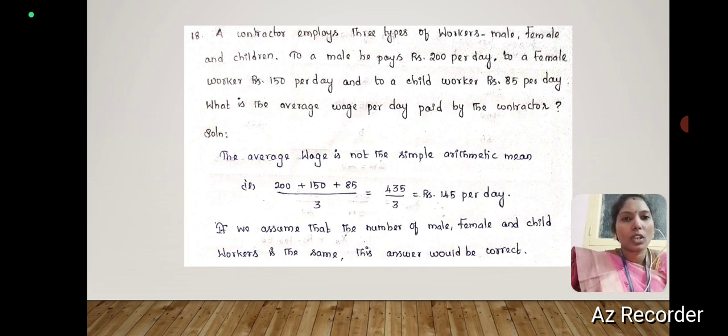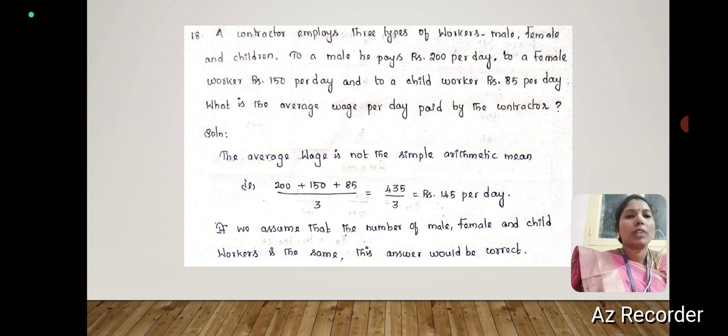This is the question. And the solution: the average wage is not the simple arithmetic mean. That is, we consider the three workers, male, female and children, add their wages together and divide by 3, and the answer is rupees 145 per day.